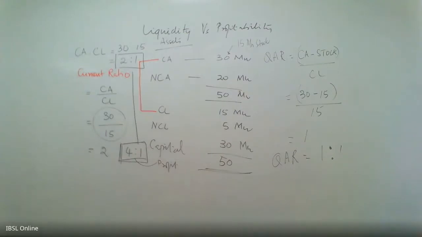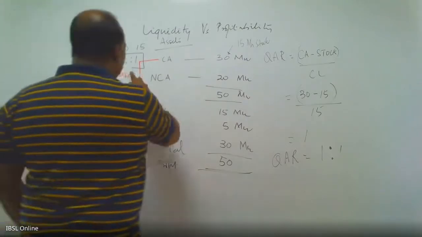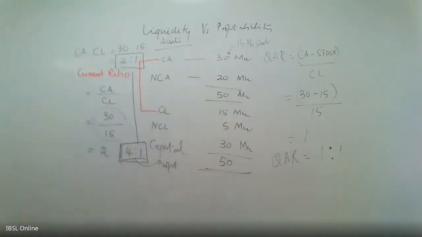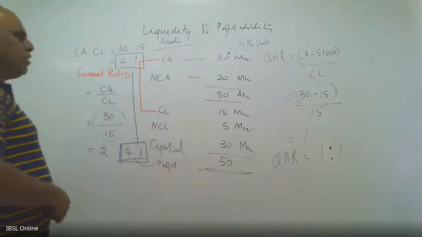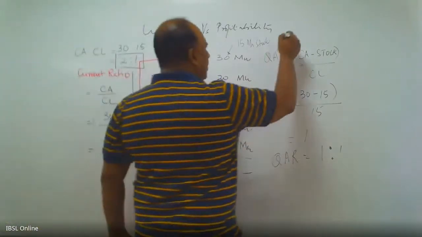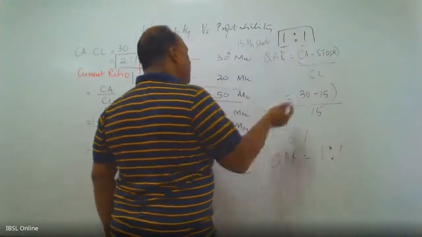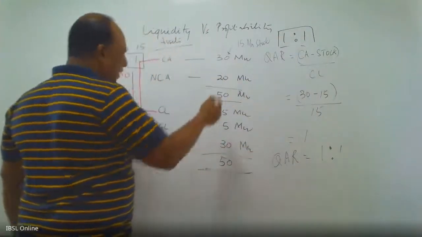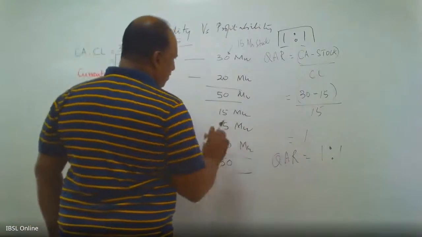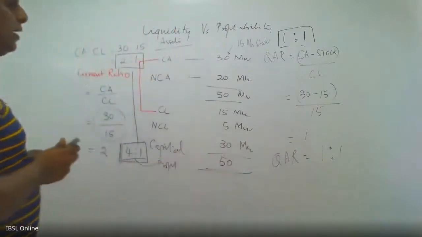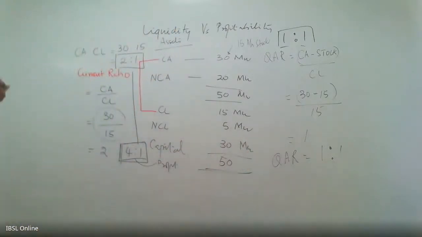Now we look at the other side of the story, that is the quick asset ratio. Similar to the current asset ratio of 2:1, the general norm of the quick asset ratio is 1:1. I took this example just to be in line with these two norms, but in the real world you might not get 2:1 and 1:1. You might have different answers.